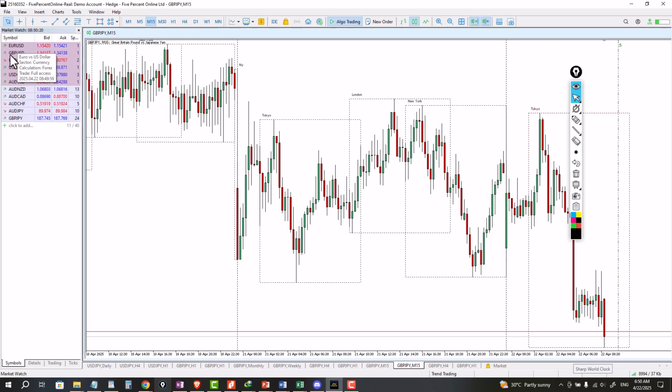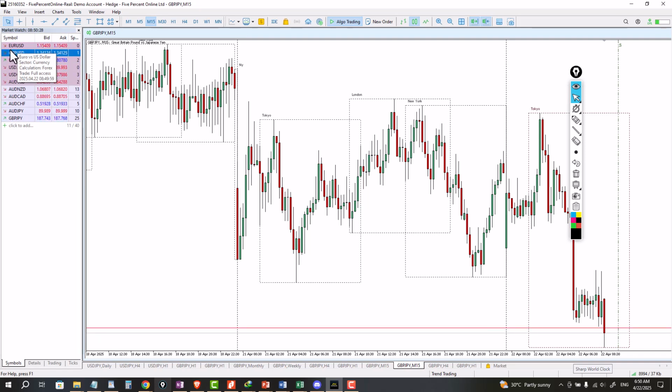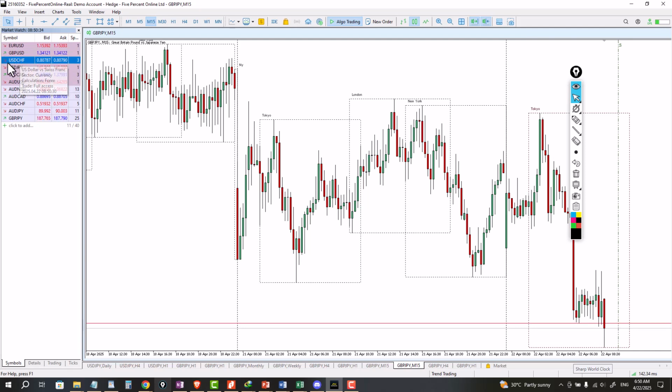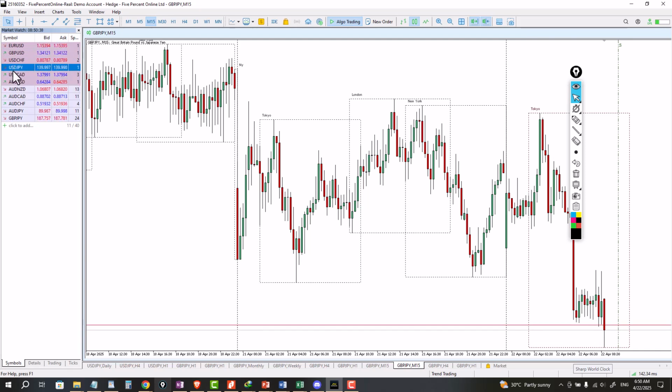For the second pair, the GBP USD, the first currency is the GBP and the second currency is the USD. So the base currency is the GBP and the quote currency is the USD. The same thing, USD CHF, base currency USD, quote currency CHF. The same thing, USD JPY, base currency USD, quote currency JPY.